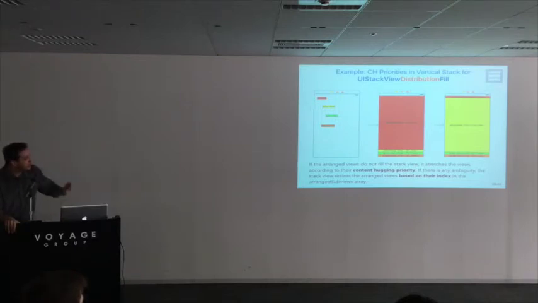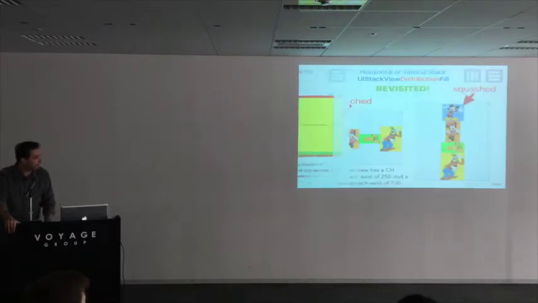However, if I increase the content hugging priority of the red view, then it goes to the next one and says, okay, which one of your other ones shall I stretch? And it says, well, the yellow one, the green one, and the orange one all have content hugging priorities of 251. So which one shall I take? Well, I'll just take the first one of the rest. So it's the yellow one that's then stretched out.